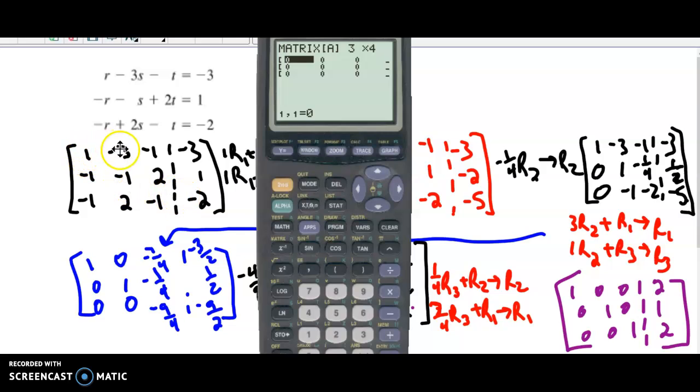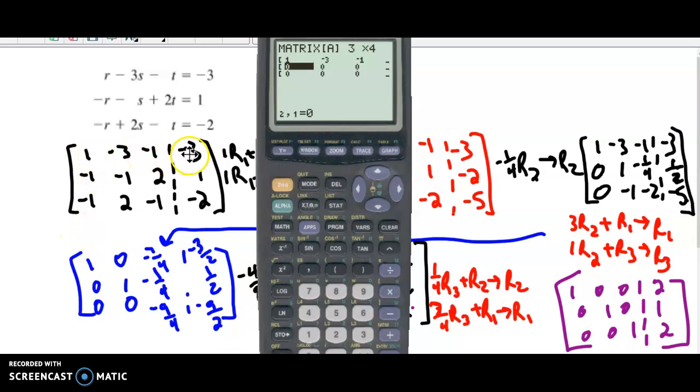So the first row is 1, -3, -1, -3. So I hit 1, enter. -3, enter. -1, enter. And -3, enter. Is everybody okay with that?